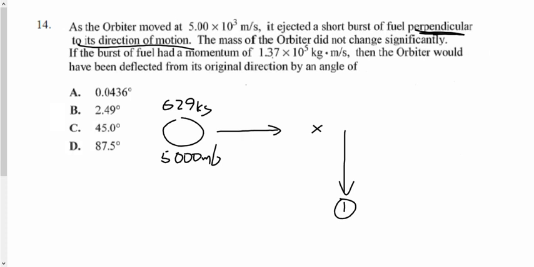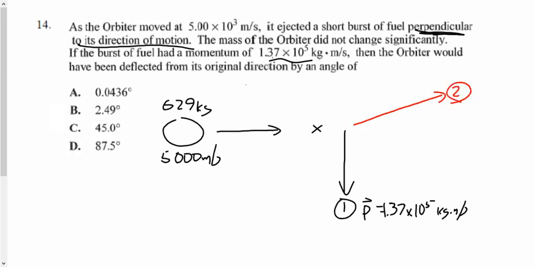Now, object number one, which is our burst of fuel, we don't know its mass, but we do know its momentum. It's given to us as 1.37 times 10 to the 5 kilograms meters per second. If the burst of fuel goes down, well, then the orbiter is going to continue moving to the right, but it must also go up.